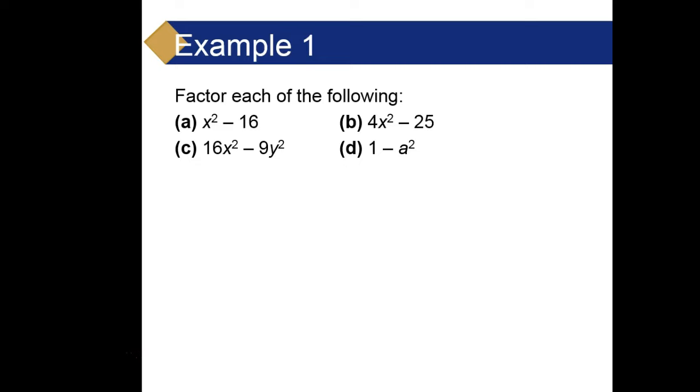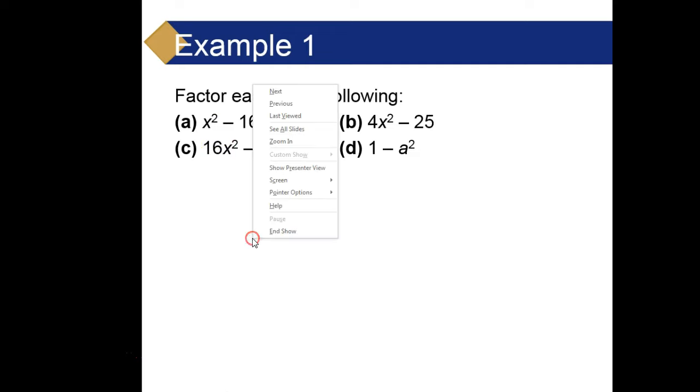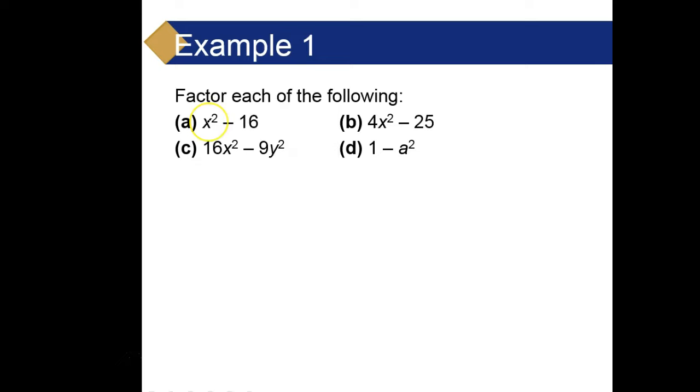Okay? That first one, A. Whoa, let me get my pen back. Got it. X squared minus 16. Can you factor that? How? X minus 4 times X plus 4. Fantastic.